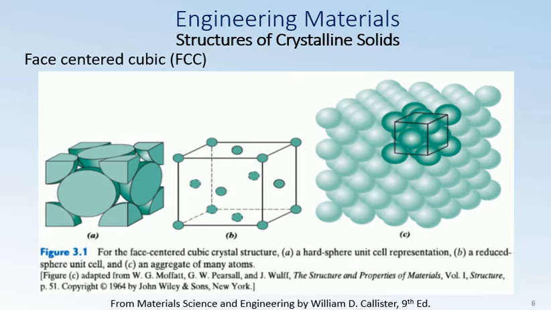In this FCC crystal structure, the unit cell has cubic geometry with atoms located at each of the corners and the center of all cube faces. As we can see in figure 3.1a, spheres or ion cores touch one another across a face diagonal. If you take a diagonal on this face, you can see that these atoms are touching each other along the diagonal.